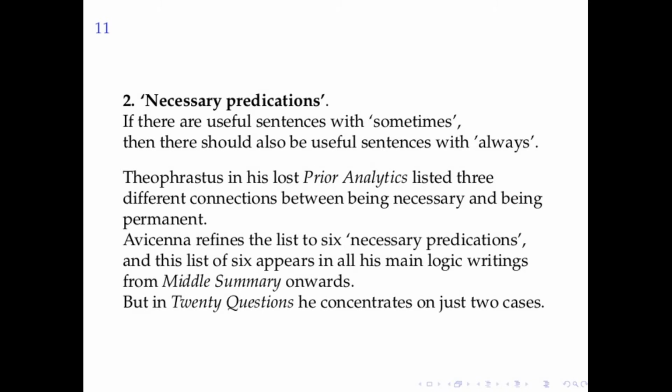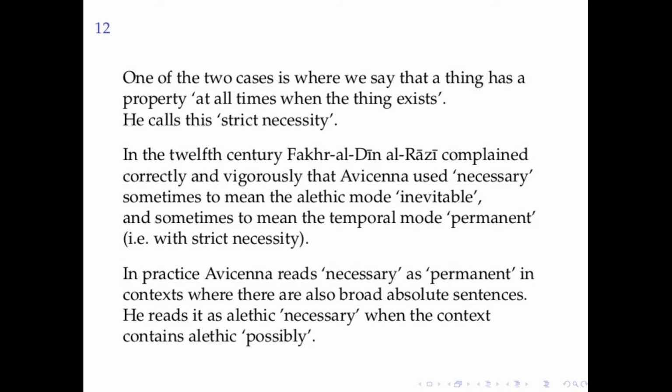He must have reckoned that this was a central part of logic to have this list. One of the items in the list takes pride of place, and he's constantly referring to it in later works. This is the case where we say that a thing has a property at all times when that thing exists.